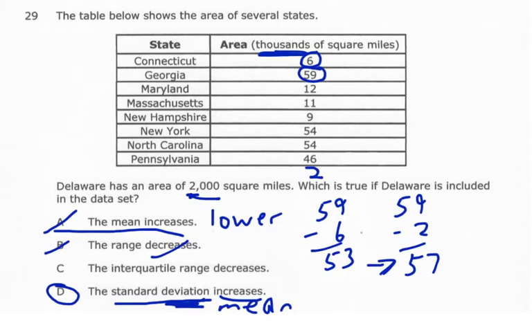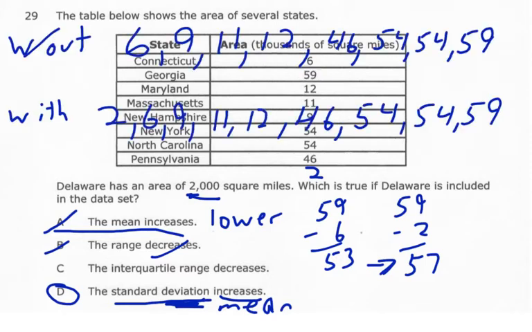let's go ahead and prove that the interquartile range does not decrease. So remember, to do that we just find the median and then find the median of the median, basically. So I'll set that up. I'm going to write them from least to greatest. So to find my median without, we're going to start marking off 2, 3, 3, 4, 4.